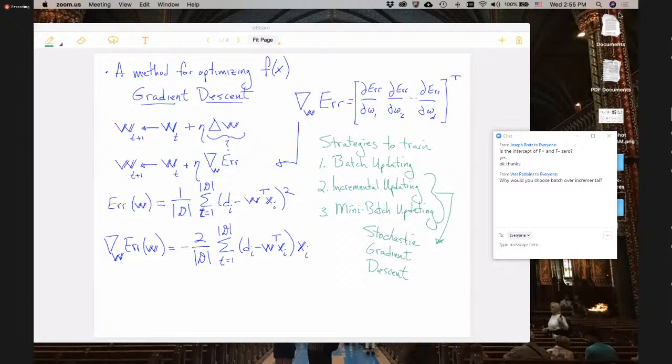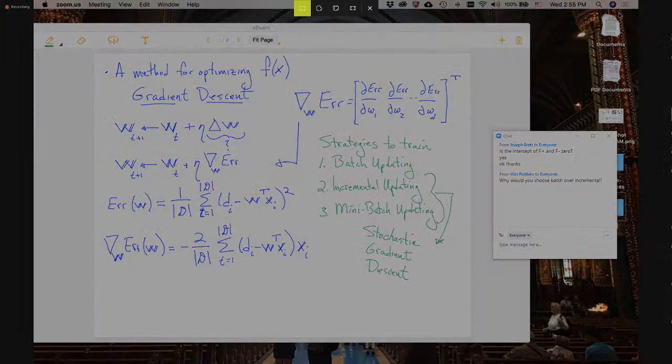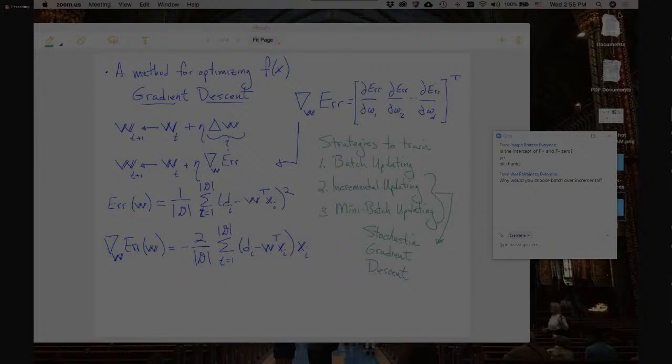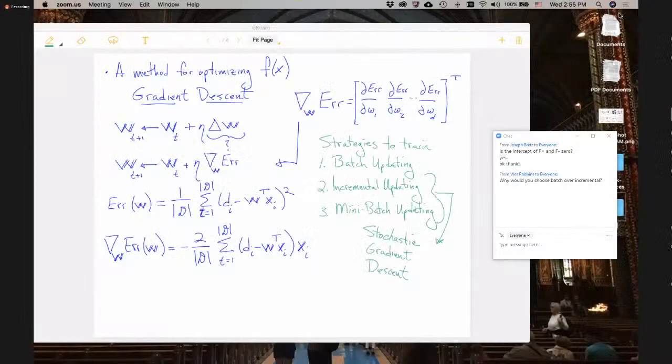It's not as many as single example updates, but you still have somewhat of an averaging effect, which tends to stabilize the learning. So it's a nice compromise between the two methods. Does that answer your question? Okay, great. Any other questions?